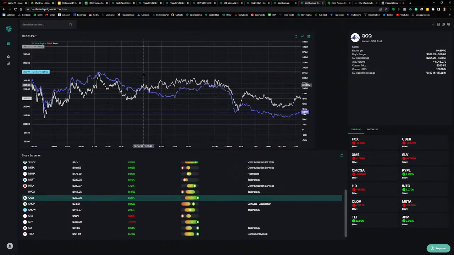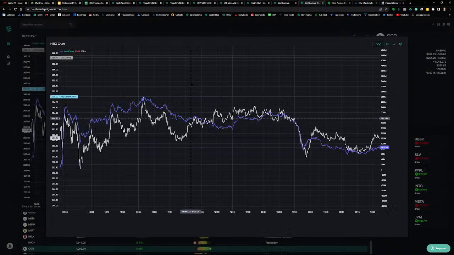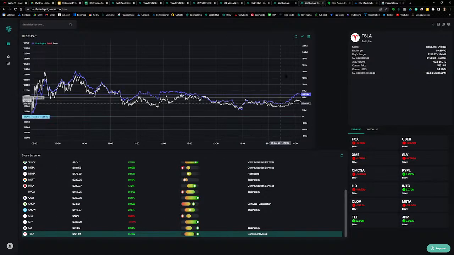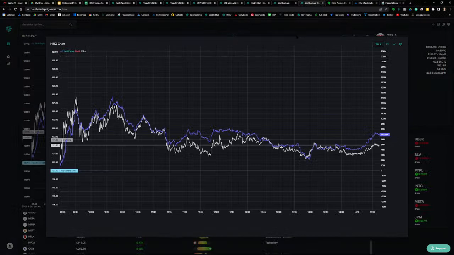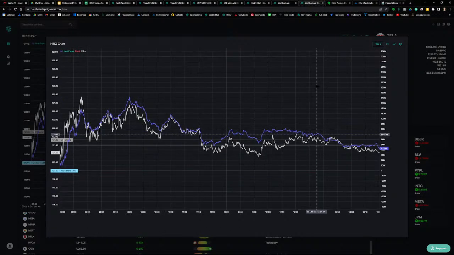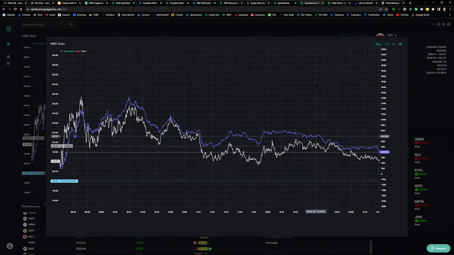Let's go look at Hero. Oh, that's QQQ, sorry. Tesla. So if all else fails, if you can't find anything to trade, Tesla is always a good go-to, and it always has a very strong correlation between options trades and price action.